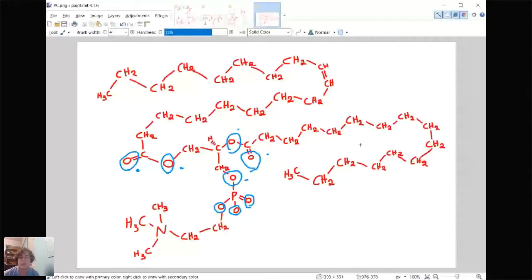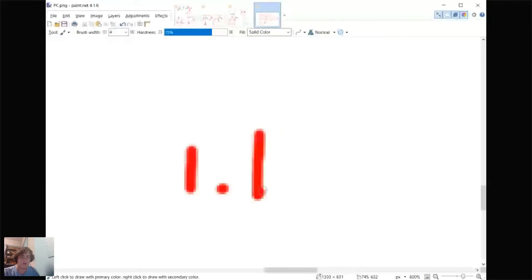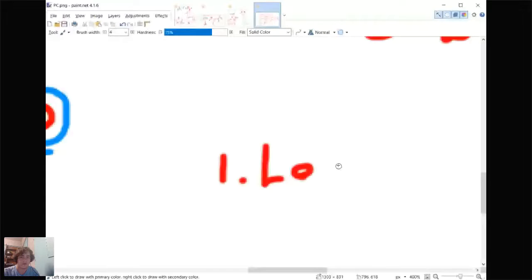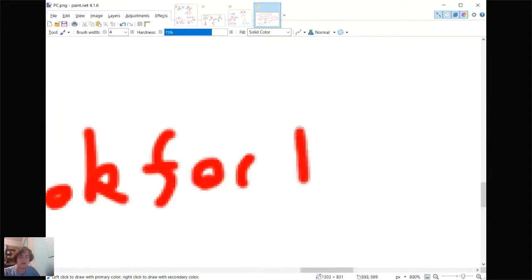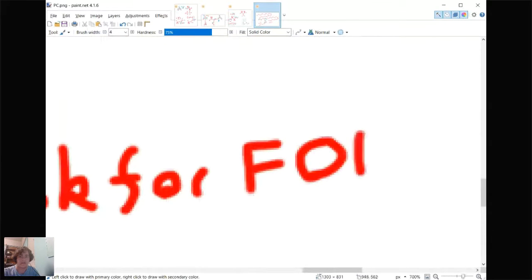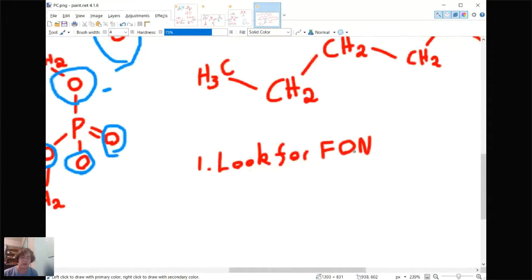So I'd say when we're looking at the forces between molecules, step 1 is to look for FON. Look for a fluorine, an oxygen, or a nitrogen.